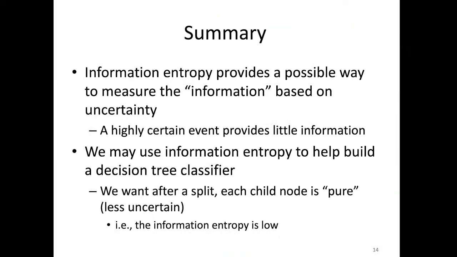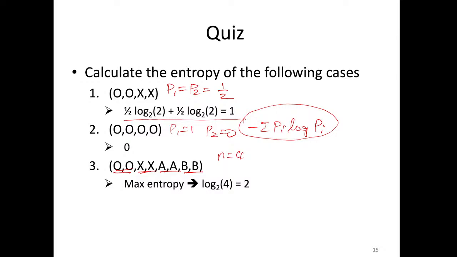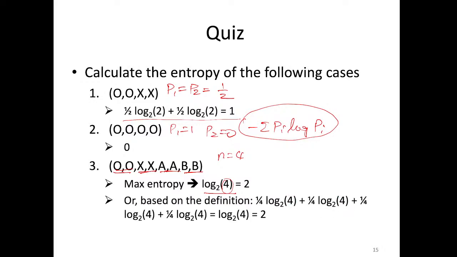So here, we have 4 classes, and they are all equally likely. So you will have log 4, which gives us 2. We finished the introduction of entropy, and let's move on to the main dish, which is the decision trees algorithm.